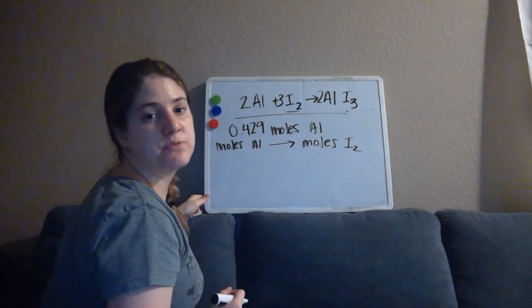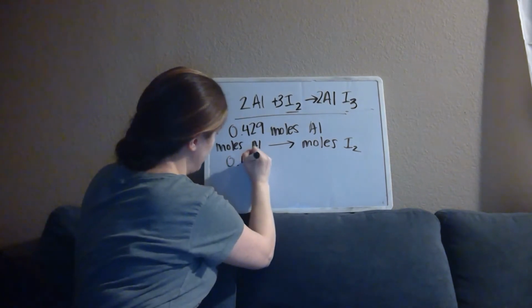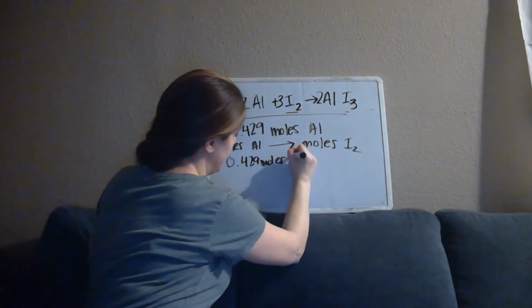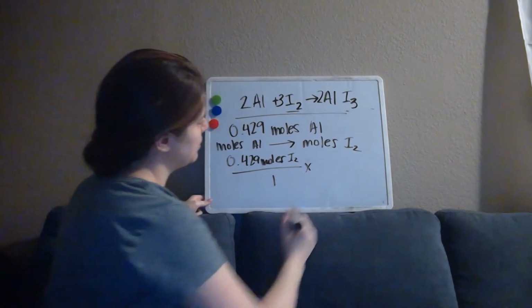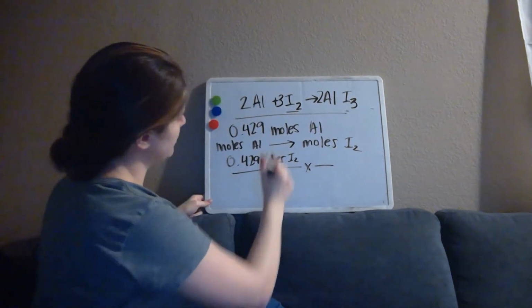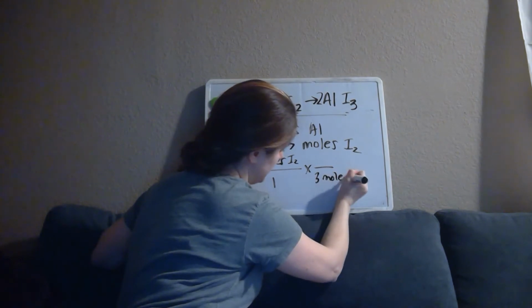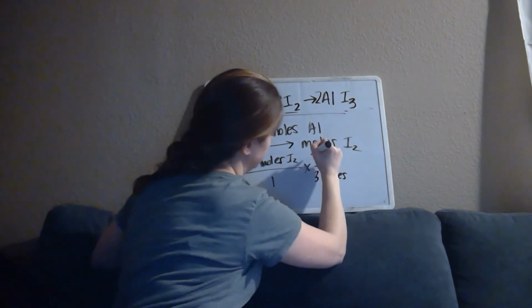That's when we use those stoichiometric ratios. So we're starting with 0.429 moles of aluminum over 1, and then you're going to multiply it by that ratio. So for every 3 moles of iodine, there are 2 moles of aluminum.